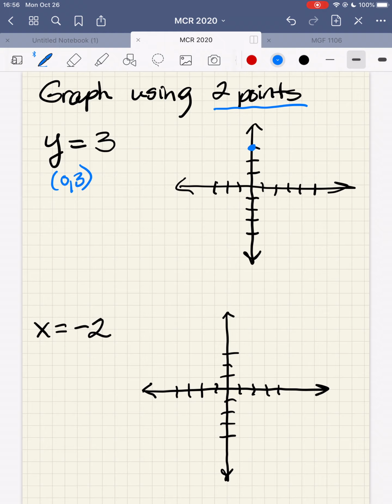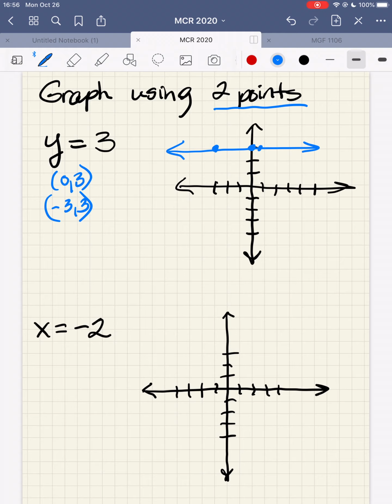From here, it's whatever else you want. I'm going to pick negative 3, 3, but you can pick whatever you want. And once I have those 2 points, I can go ahead and graph my line. You can pick any value of x you want. If you want x to be positive 1/2, you go for that. It doesn't matter.